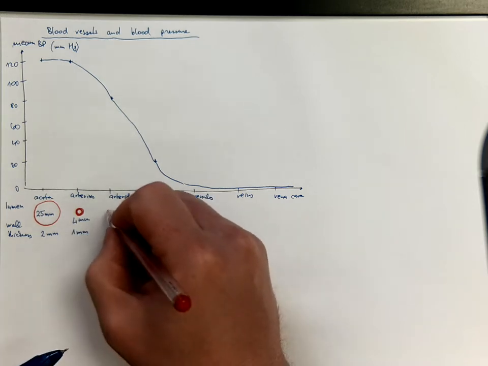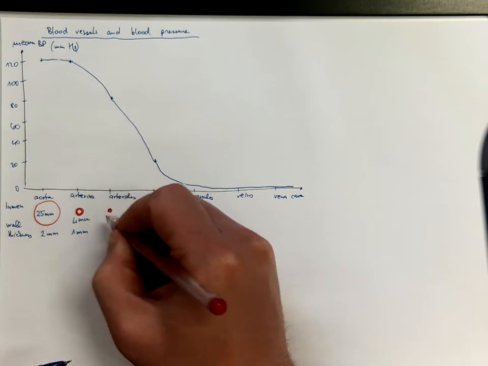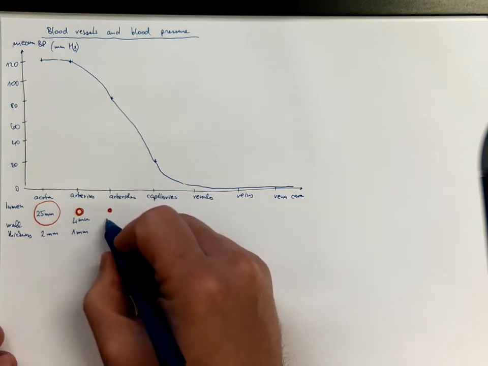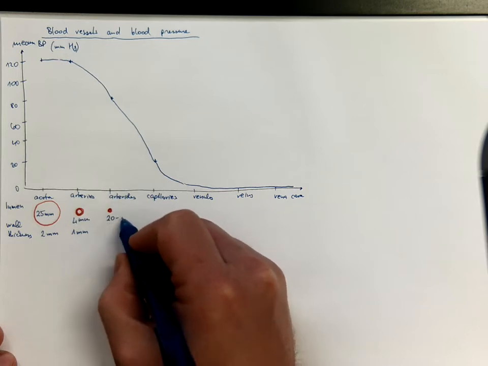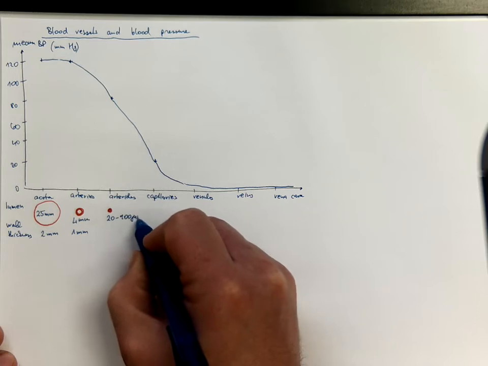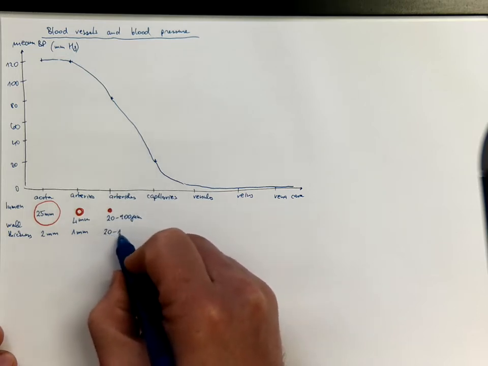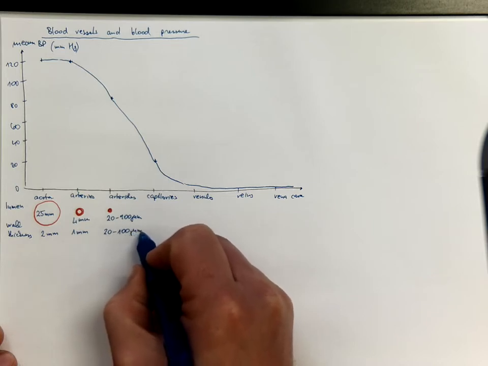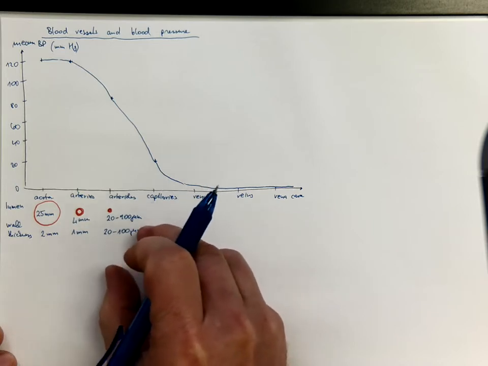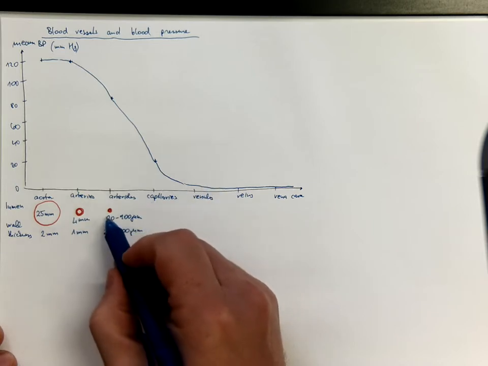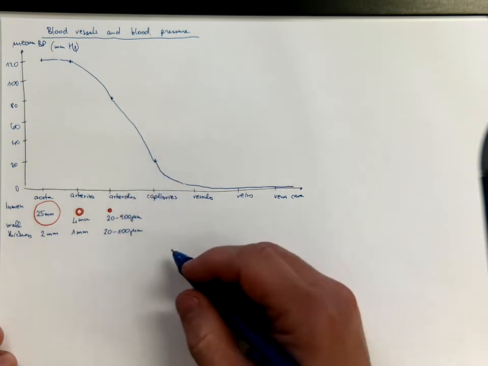In arterioles, with a lumen of diameter between 20 and 100 micrometers, the wall thickness is identical with the diameter. So the muscle in the wall can regulate the diameter pretty much.